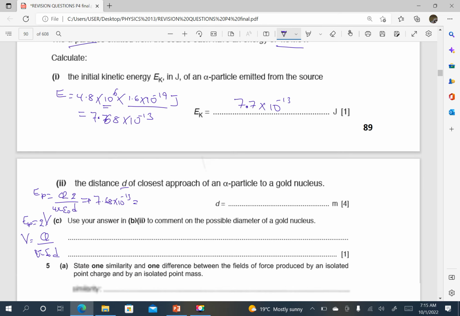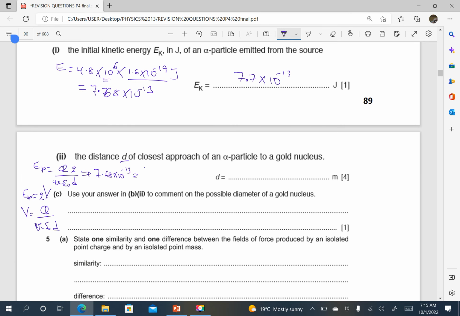So when I substitute, I'll have 79 for the gold times 2 for the alpha, times E, which is 1.6 times 10 power negative 19, squared, because it is 79E times 2E. Then this is divided by 4 pi epsilon, which is 8.85 times 10 power negative 12, then times d.